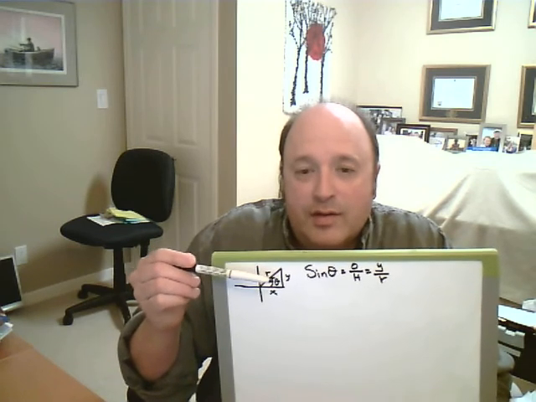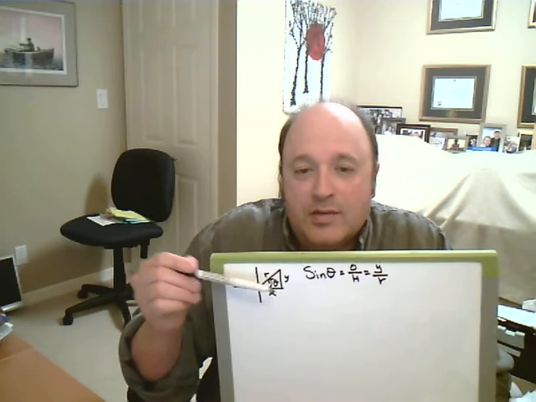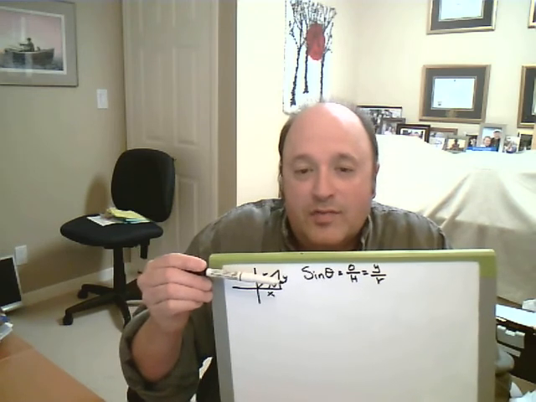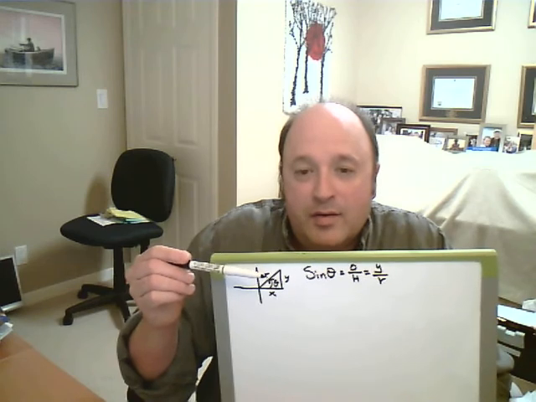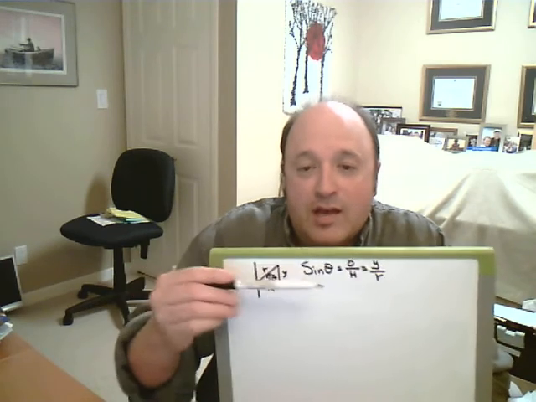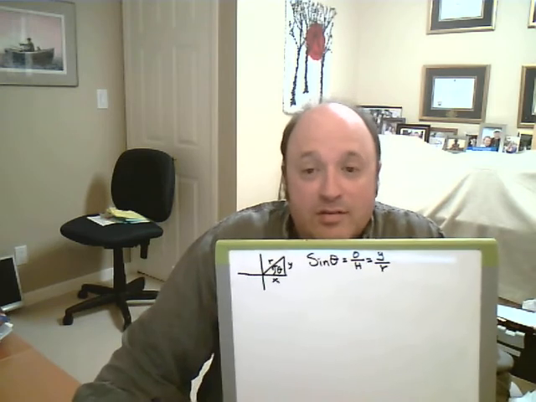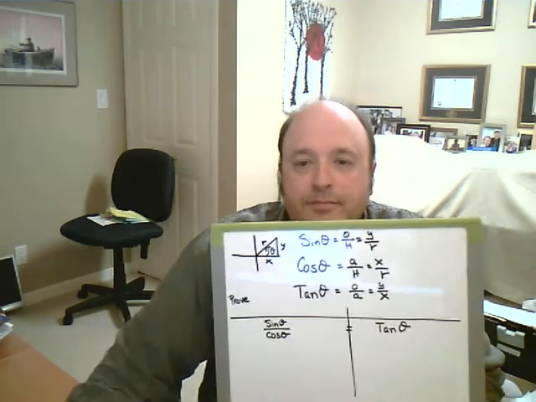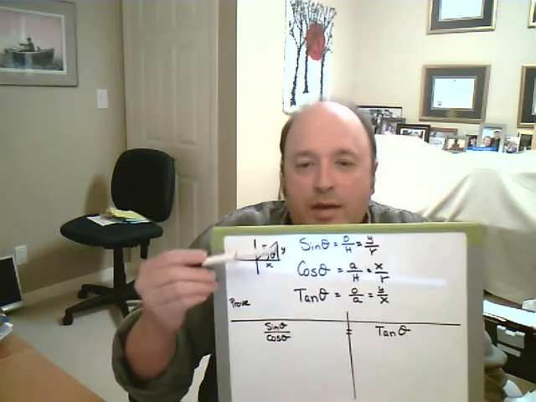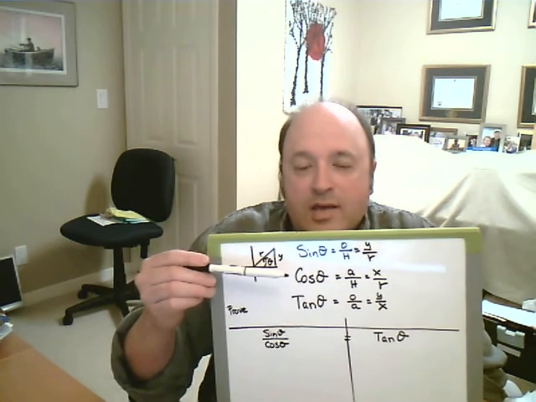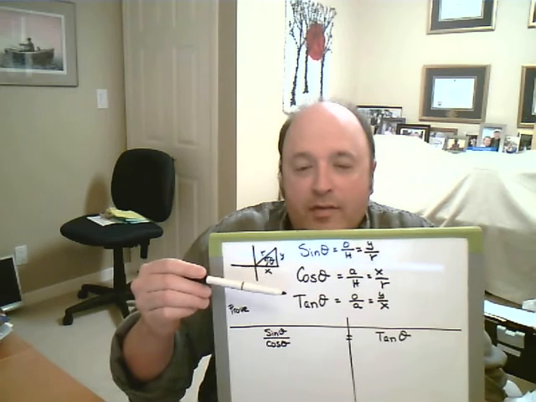SOHCAHTOA. But because we fixed the angle, the opposite value is the y, and the hypotenuse is r. So sine is y over r. So I'm going to list cosine and tangent, and we'll have a look there. Okay, so here we have sine, y over r, cos, x over r, and tangent is y over x.